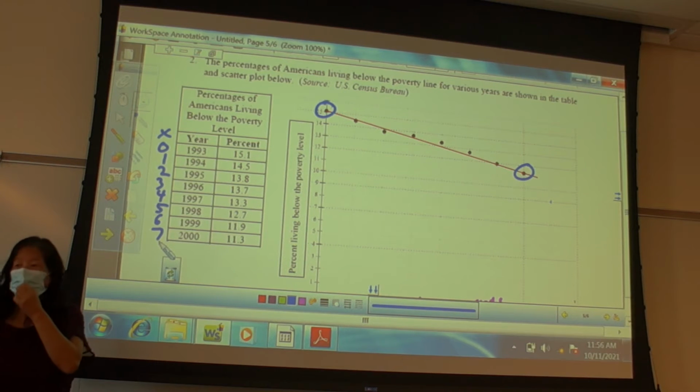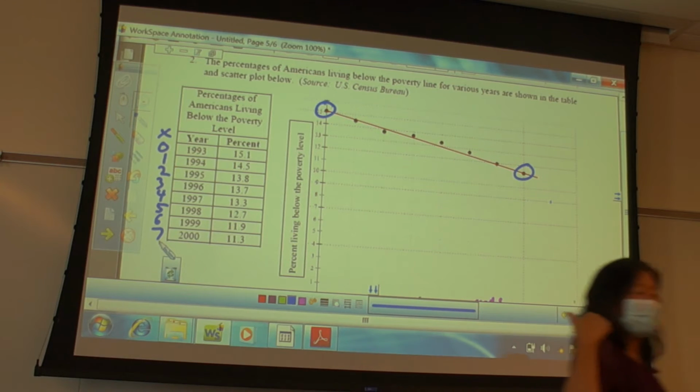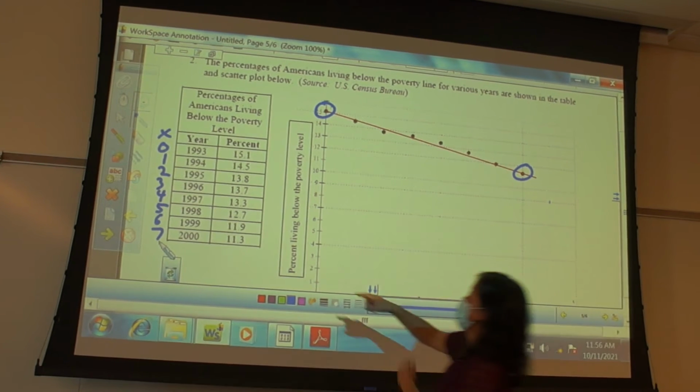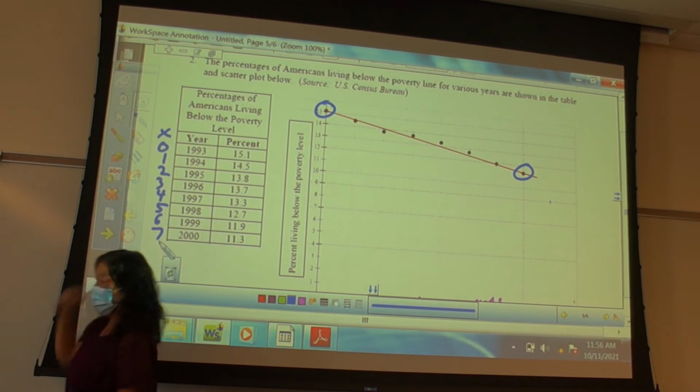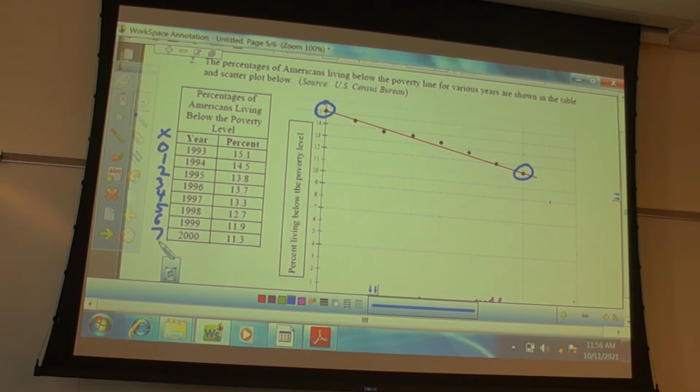Why? Because this makes the math a whole lot easier. Do I know what my b is already? Everybody talk to your neighbors, find the b. If I make this x zero... Do you know what the b is?